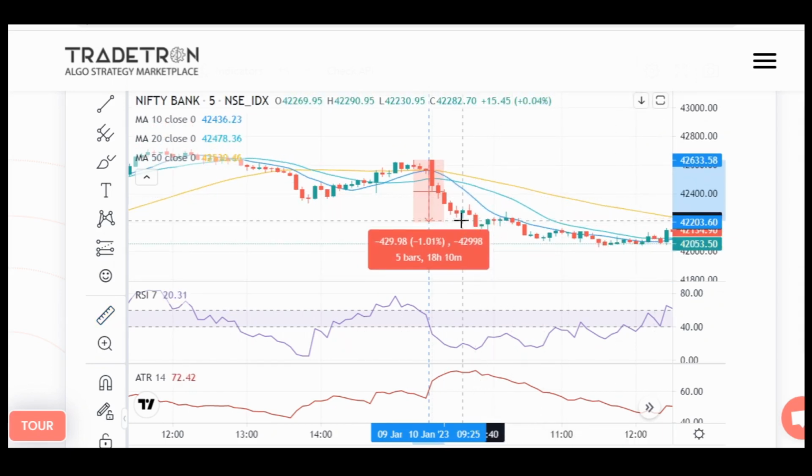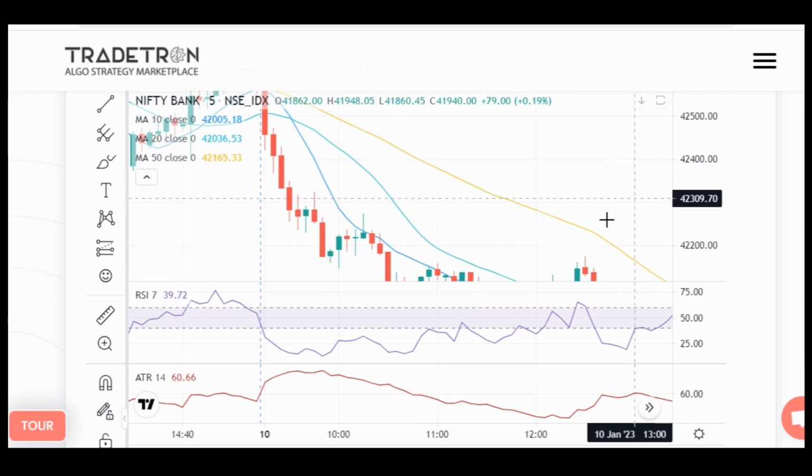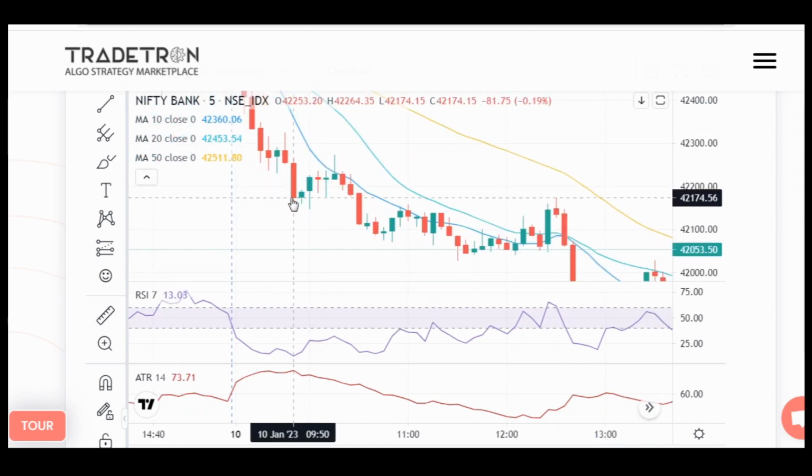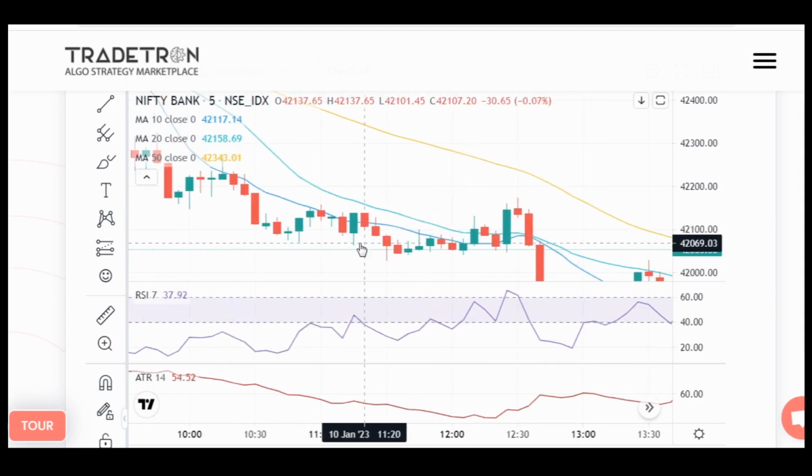It got hit at around the 9:50 candle, and after that another leg got booked at 11:20, after the 11:15 candle closed above SMA 10, right?